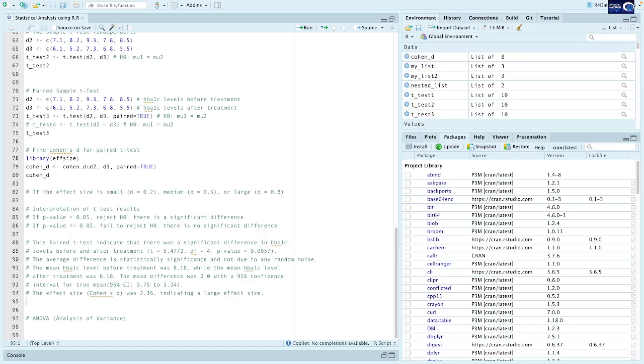The chi-square statistic is the summation of O minus E the whole squared divided by E, where O is the observed frequency and E is the expected frequency.